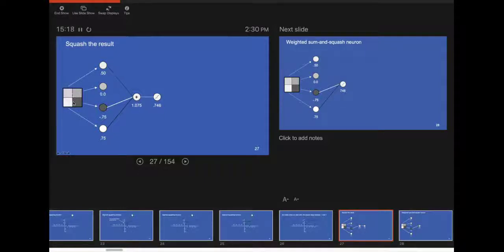Every pixel will always be between -1 and 1 to begin with. That's the layout of this problem. So I can treat this as another virtual pixel in some sense. Whatever I did when I took the weighted sum and passed it through the sigmoid, I can do this again with 0.746 as the input.